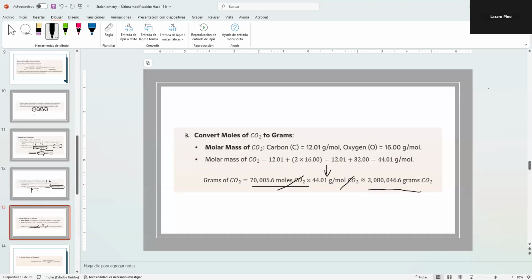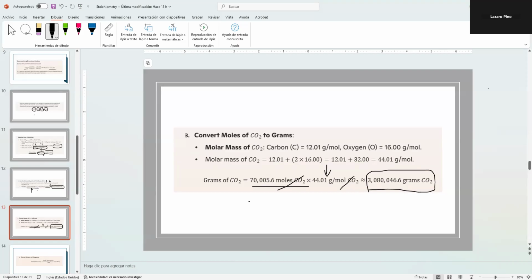And this is the amount in grams of carbon dioxide that you produce and goes to the environment and produces the increase of the temperature on Earth, as you know, from 1,000 kilograms of octane or gasoline that is burned. And this is a reaction that happens in your cars.